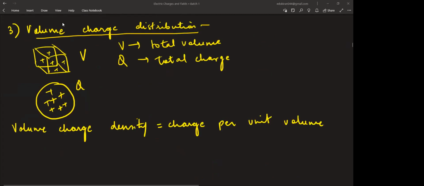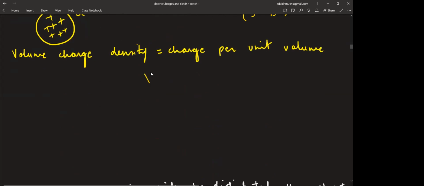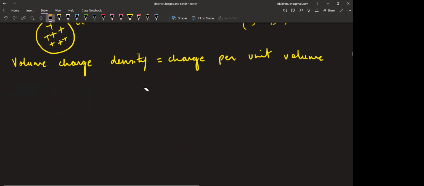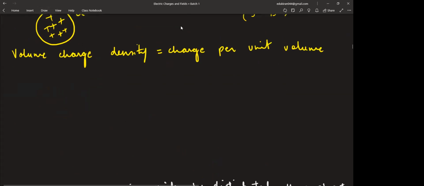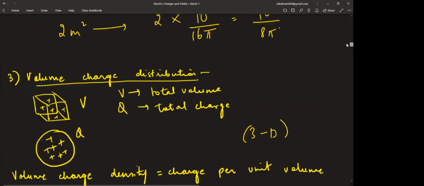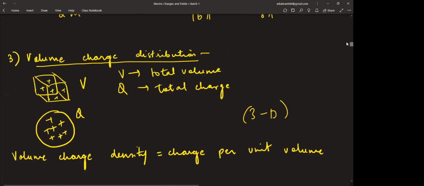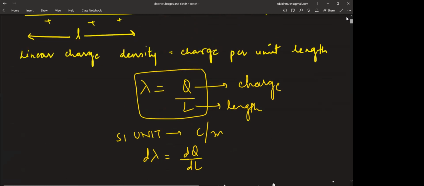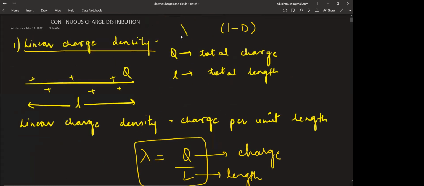Last one, volume charge distribution, charge per unit volume. It means this is in 3 dimensions. So when we are talking about volume charge density, this was represented by lambda.